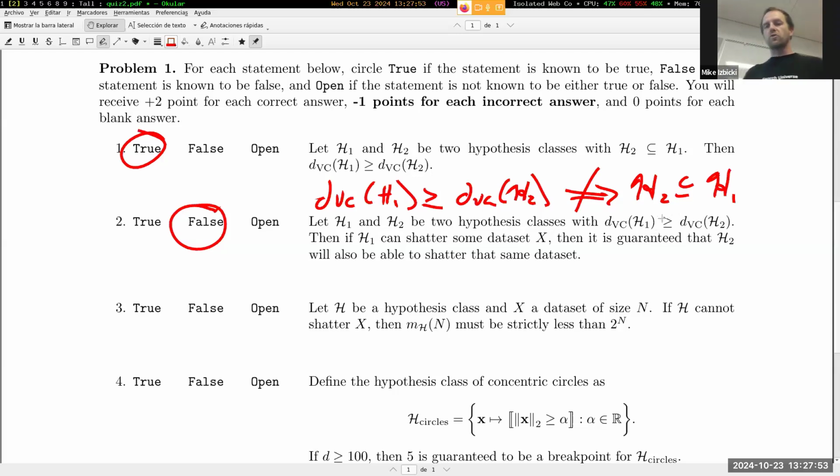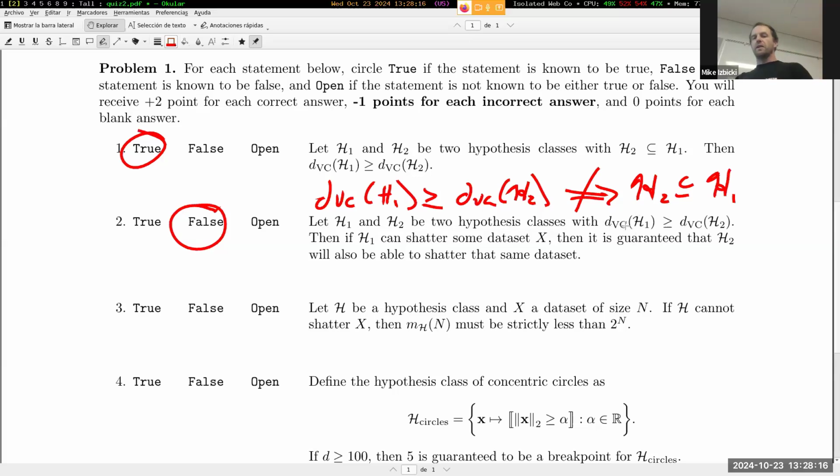It's false no matter which direction this inequality is going. I think I had originally intended it to be the smaller thing guaranteed to shatter the larger thing. But either way, even if these VC dimensions are equal to each other, it does not guarantee that the same data set is able to be shattered by both of these hypothesis classes.